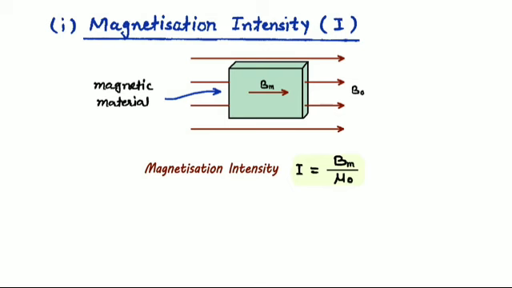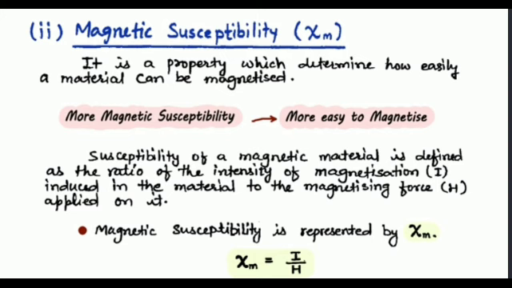That's all. The next, magnetic susceptibility. Susceptibility means accepting power of a magnet. It is a property which determines how easily a material can be magnetized. So, the more the susceptibility, the easier it is to magnetize.